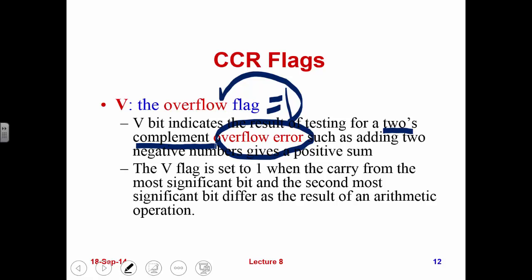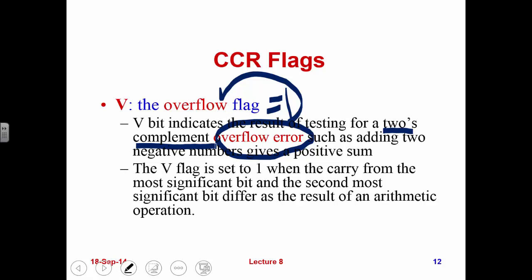If you add these two positive numbers, it turns out the result is a negative number, based on the arithmetic addition. That's unreasonable. You added two positive numbers, but our result is a negative number. There's something wrong.